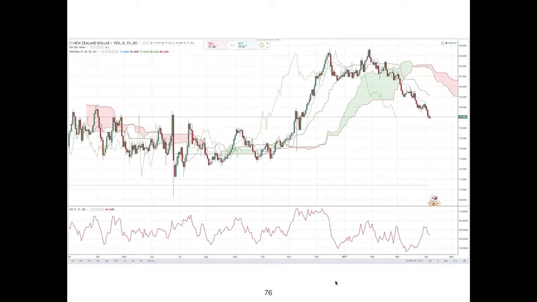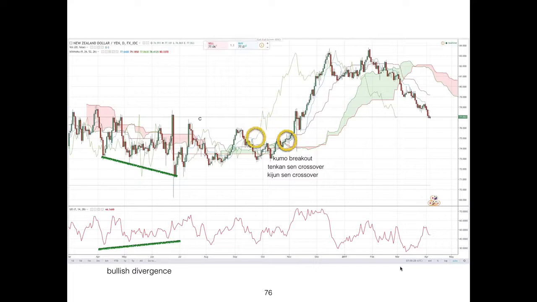So here's another example using the Forex chart. The New Zealand dollar and yen currency pair. First, we find a bullish reversal, signaling a change in trend. Bullish divergence, I'm sorry. Then there's a Tenkan-sen crossover, a Kumo breakout, Kijun-sen crossover, Chikou span crossover, and the Kumo twist.